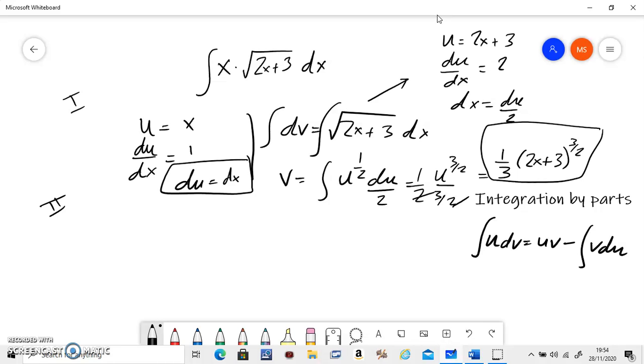And now take these and put them on the right hand side. So u is x, v is 1 over 3 times 2x plus 3 to the power 3 over 2, minus the integral of v, which is 1 over 3 times 2x plus 3 to the power of 3 over 2.